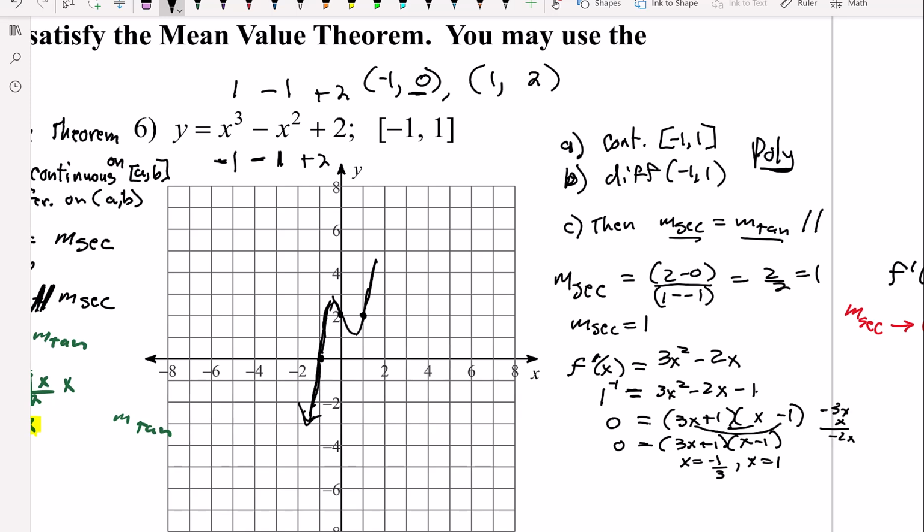And then the slope of the secant line between negative 1 and 1, well, looks like there's a point that's parallel, and there's a point. So these two points right there, negative 1/3, looks about right, and at positive 1, these two tangent lines are parallel to the secant line.